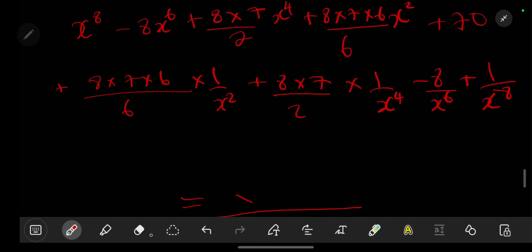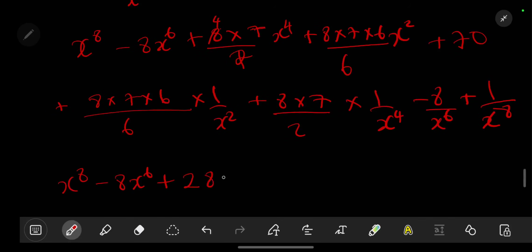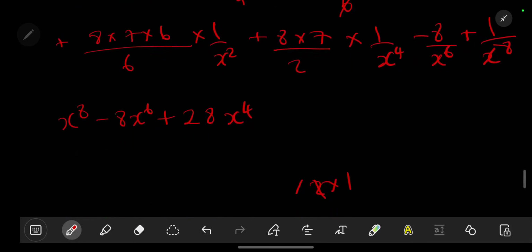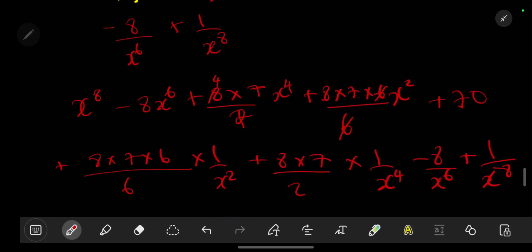So the final value that we are going to have is x to the power 8 minus 8x to the power 6 plus, this and this cancel, we are going to remain with a 4. 4 times 7 is 28, x to the power 4. This and this cancel, 8 times 7 will be 56.